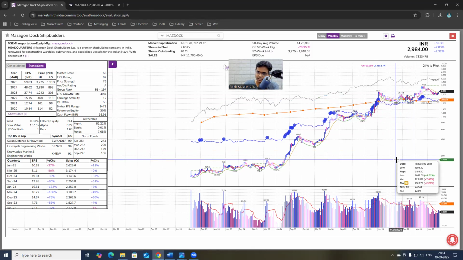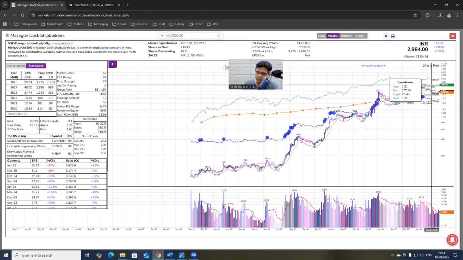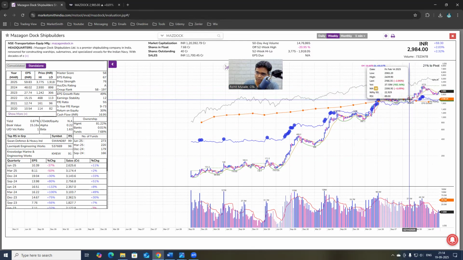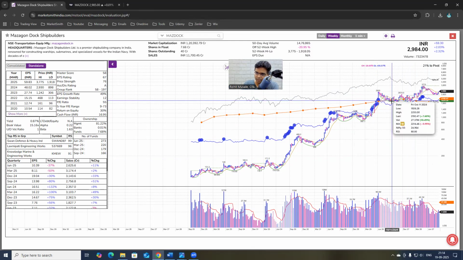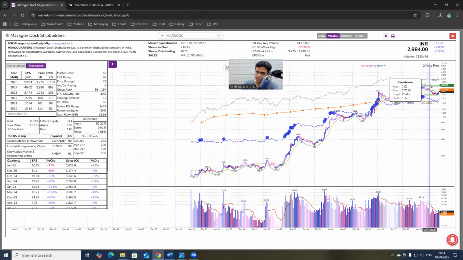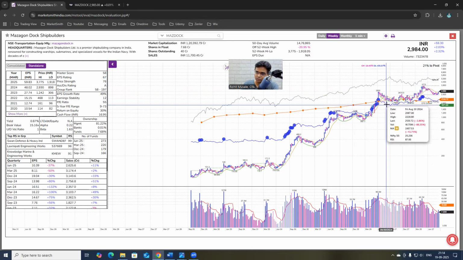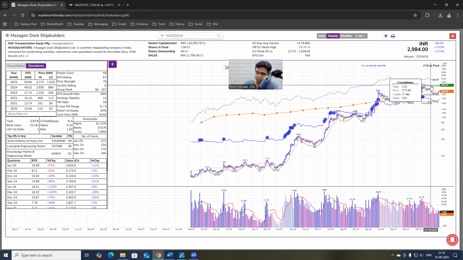So I understand the confusion here, that this could be base 2. See, this is base 2 because this is considered to be base 1. Okay, so I understand the confusion here. There is cup with handle here, and there is consolidation here, and then there is consolidation here. So you go from base 5 to base 1 to base 2.